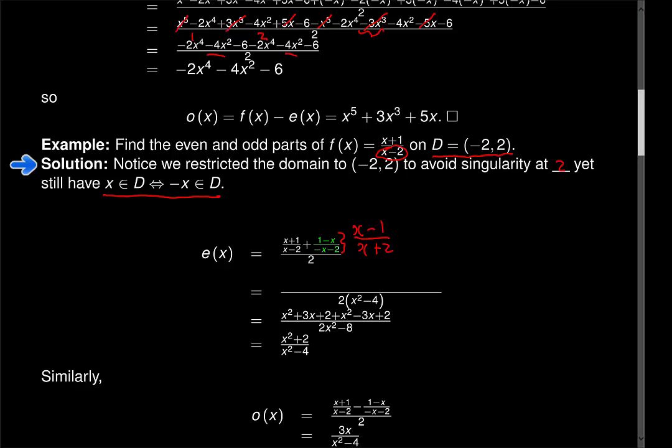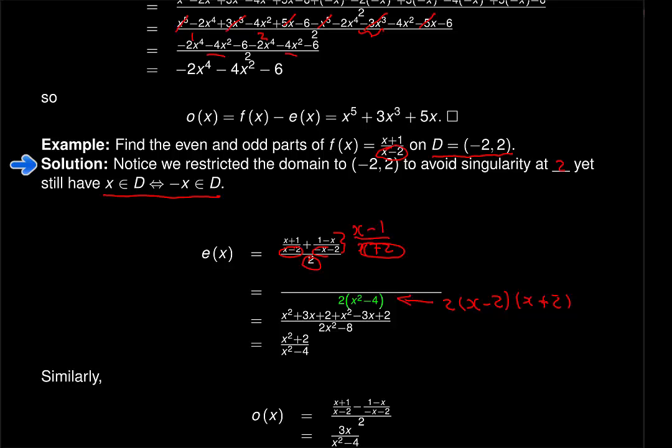And then we can find a common denominator. This common denominator is 2 times (x - 2) times (x + 2). So we got to have this part in there, and this part in there, and really this part here in there. So that's why we wrote it in that way.